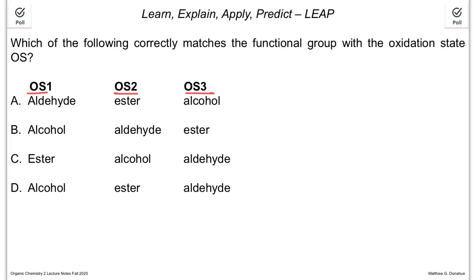So alcohol is oxidation state 1, aldehyde is 2, ester is 3. So of those functional groups, you're looking at the carbon bearing the heteroatom and then counting the number of bonds you see to the oxygen.